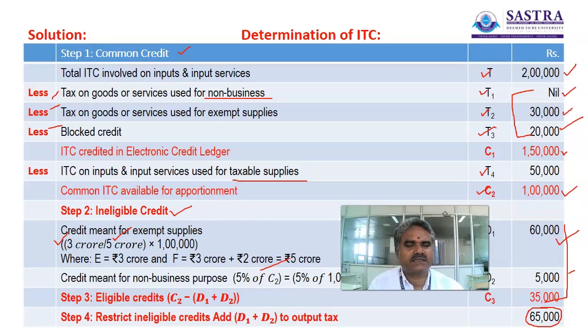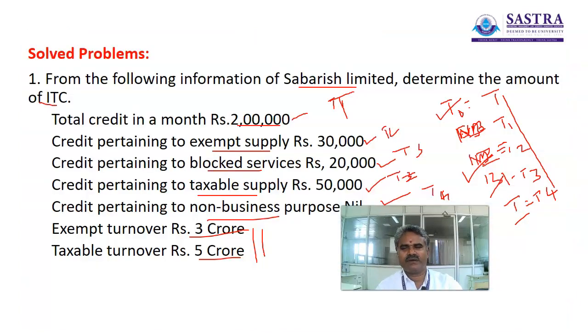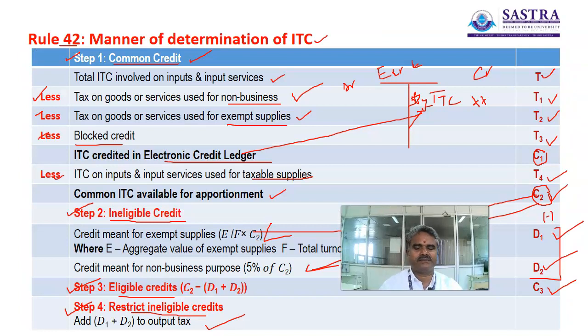Now you see the answer is 65,000. Here you have to understand properly, then you calculate. Okay, hope you could understand. You see here we have applied the formula directly.